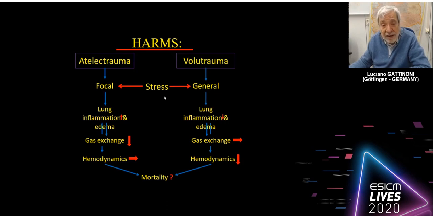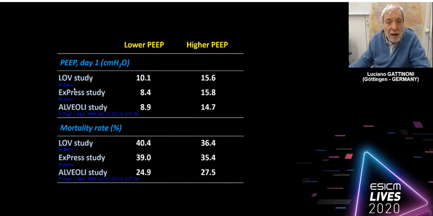And we have differences in hemodynamics, in gas exchange, and so on. But what about the mortality, which is the goal on which all the physicians look? Well, we know that between lower PEEP and higher PEEP, if we explore the range of PEEP between 7 and 15, the risk of barotrauma, and volutrauma, and atelectrauma are exactly the same. The mortality is impressively the same.